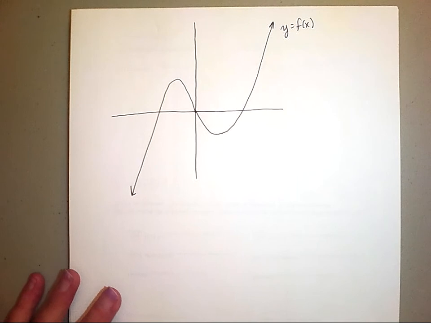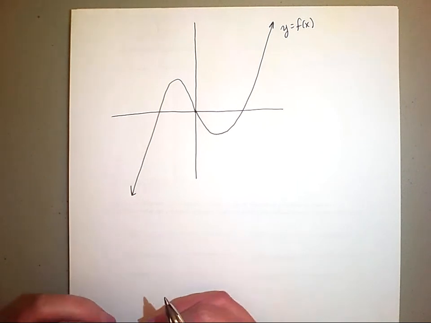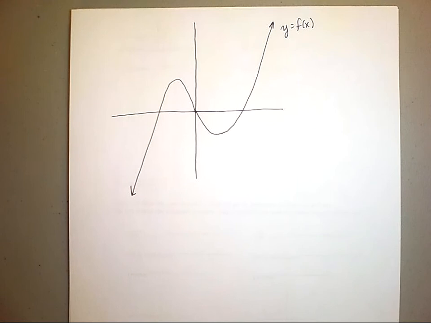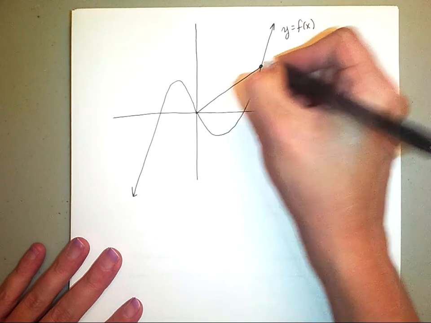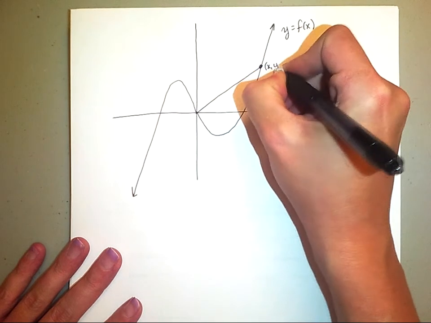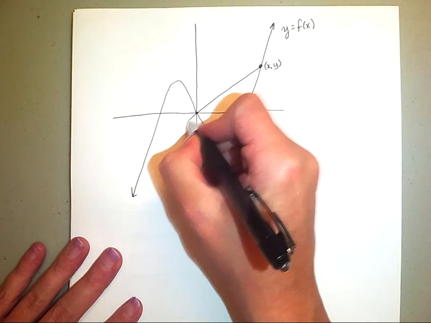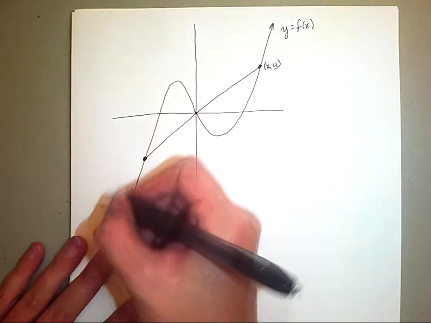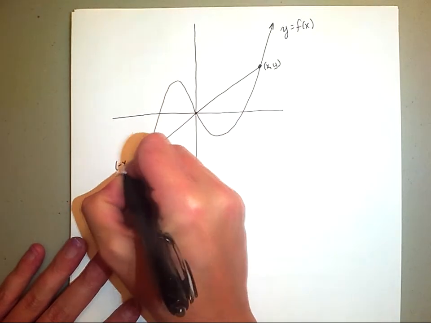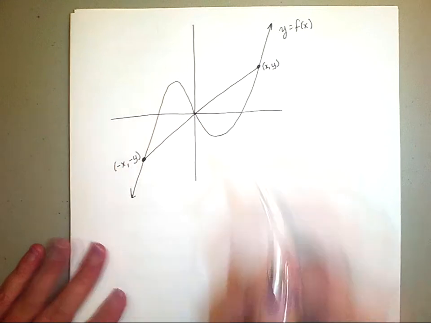Now, let's say that I would like for this graph, so let's say I have some point here, x and y, and I would like to see its reflection here across the origin. That means I would like to see negative x and negative y.